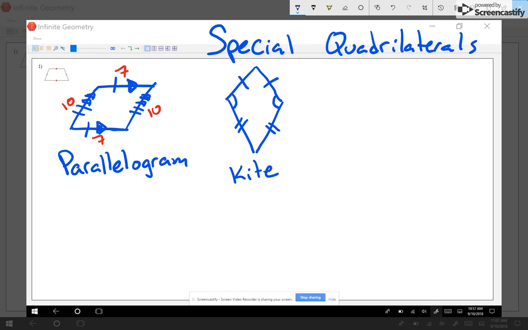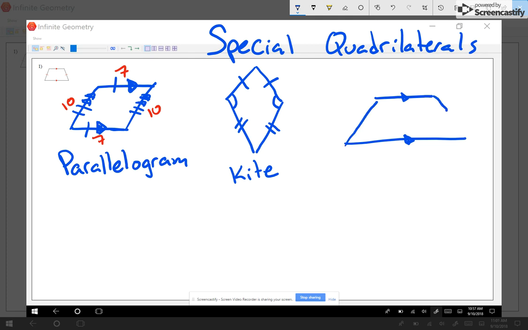Now, another one I'm going to talk about is top and bottom are parallel. I'm just going to use arrows to say they're parallel, but they're not the same size. So top and bottom are parallel, but different sizes. We can tell that the top one is smaller than the bottom one. So they're just going to be parallel.